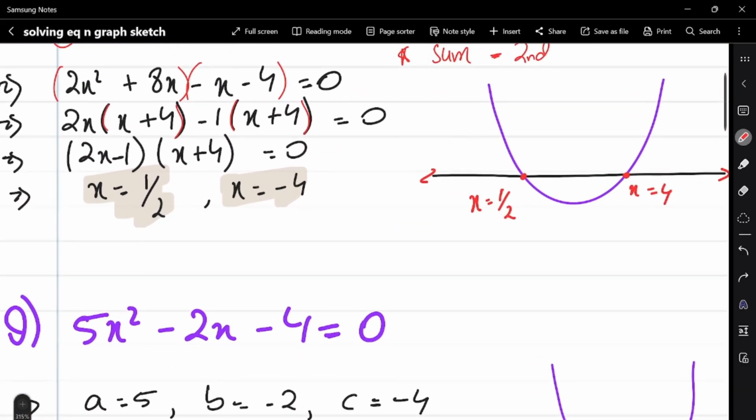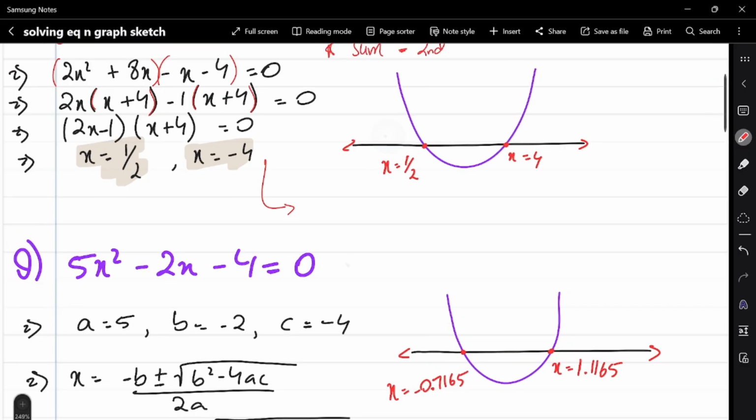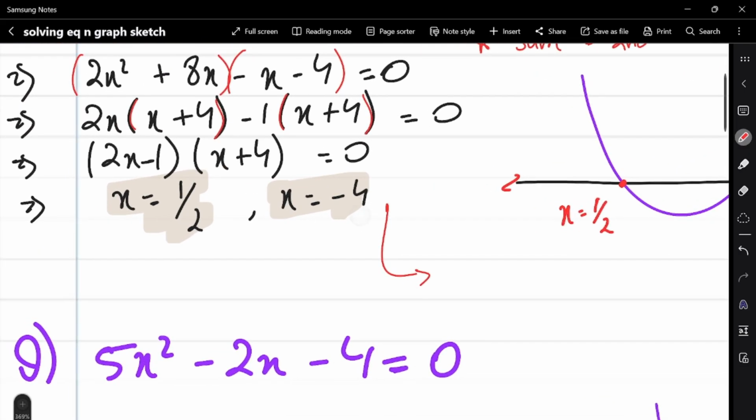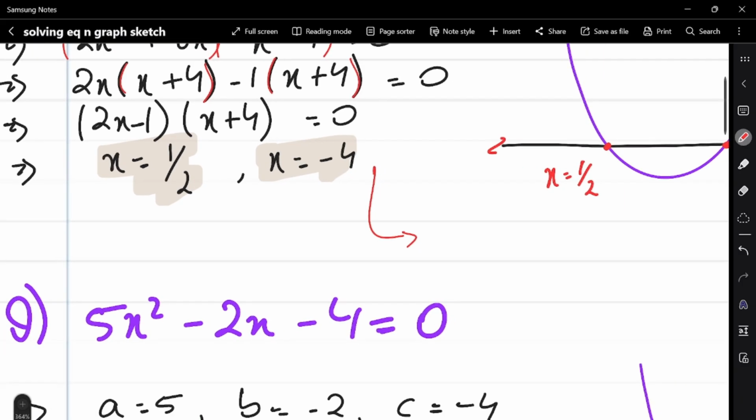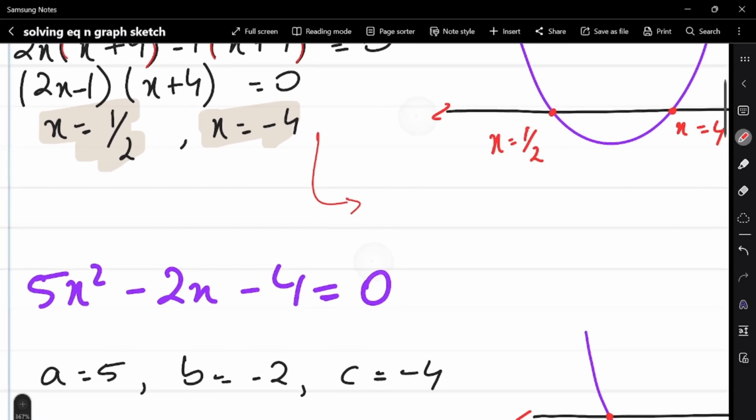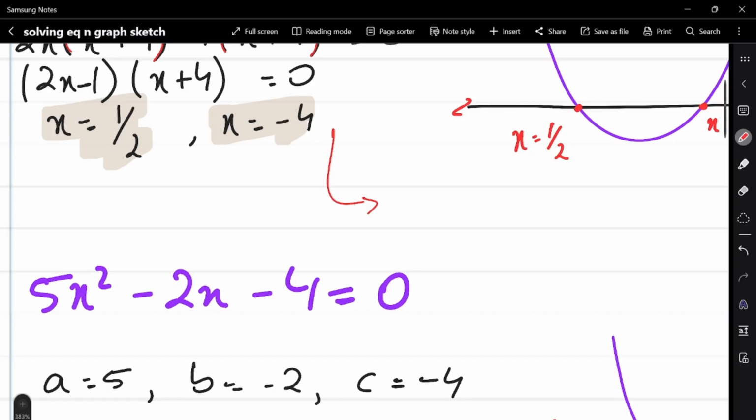Now we have two expressions here, 2x minus 1 and x plus 4, and we're going to be taking each of the expressions as a subject. To make this happen, for example, we're going to be taking 2x minus 1.